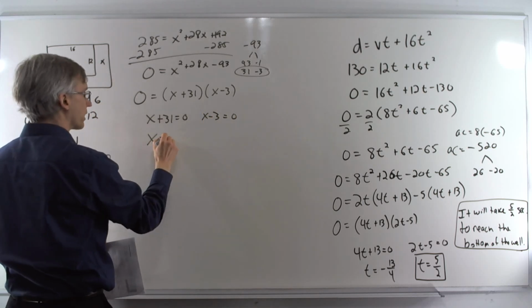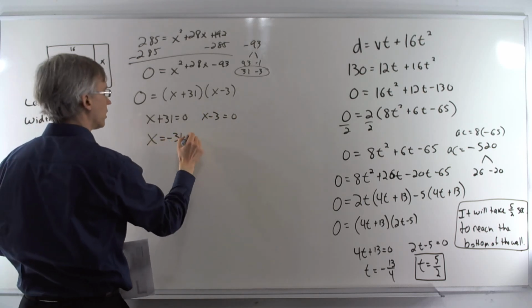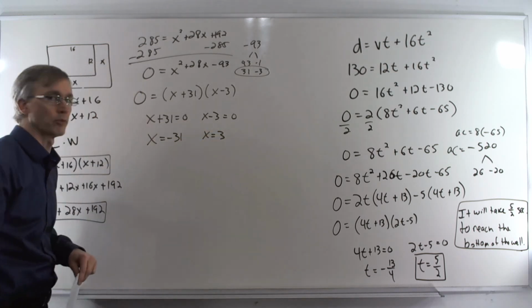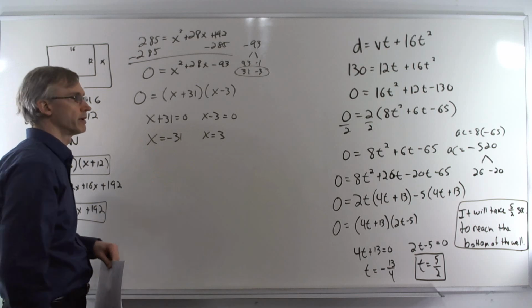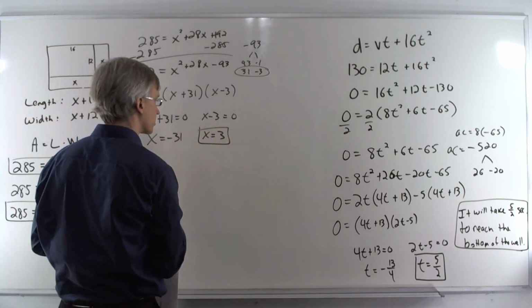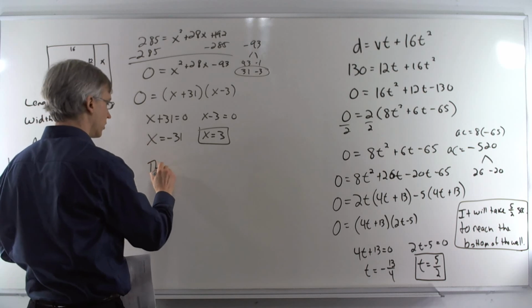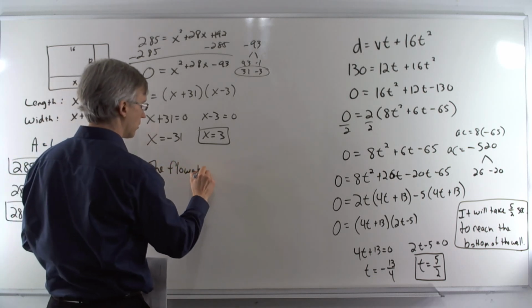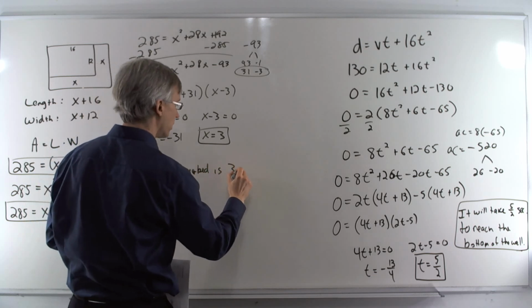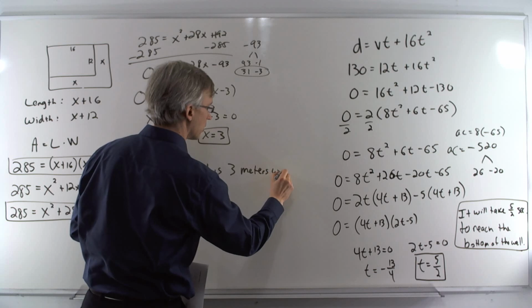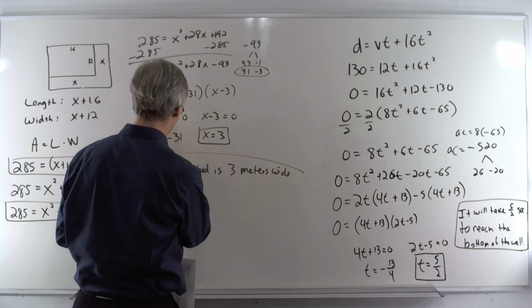Solving them individually, we got x equals negative 31 and x equals 3. So can we have a border that's negative 31 meters wide? No, of course not. So we'll ignore that one, and x equals 3 is our solution. So the flower bed is 3 meters wide.